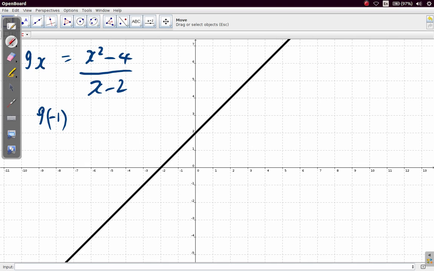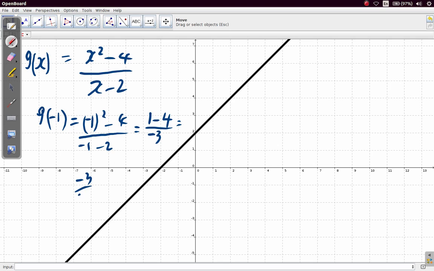G of negative 1 is negative 1 squared minus 4 divided by negative 1 minus 2. It is negative 1 squared, which is positive 1. 1 minus 4 is negative 3, over negative 1 minus 2, which is negative 3, which is negative 1. Okay, so when x is negative 1, g of x is negative 1, which is at this point here.